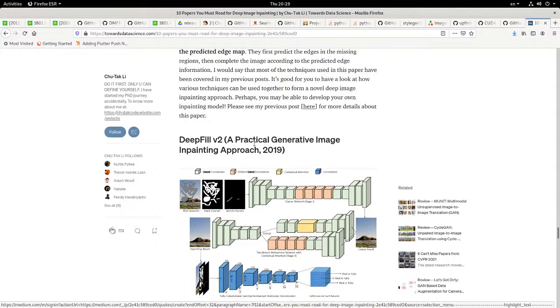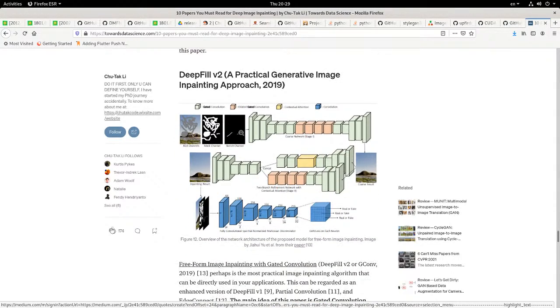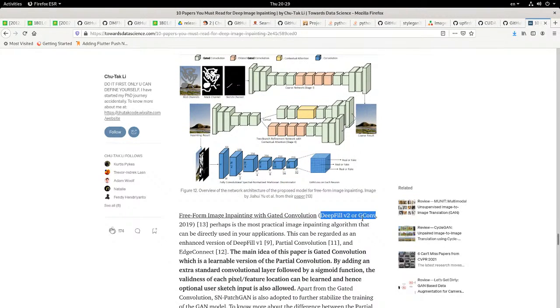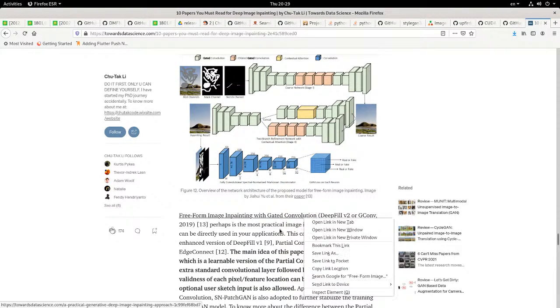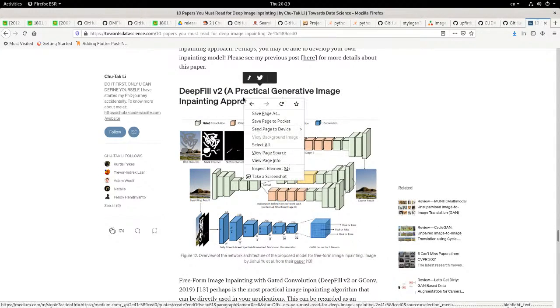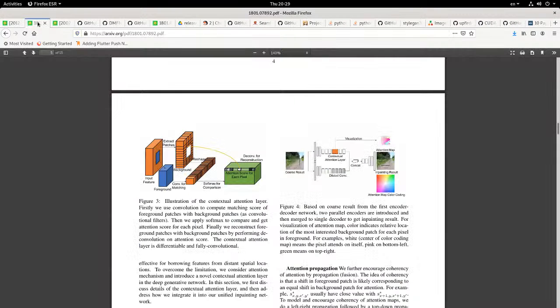Interesting. DeepFill v2. Oh. So that wasn't the state of the art. I just wasted all my time on some non-state-of-the-art BS.